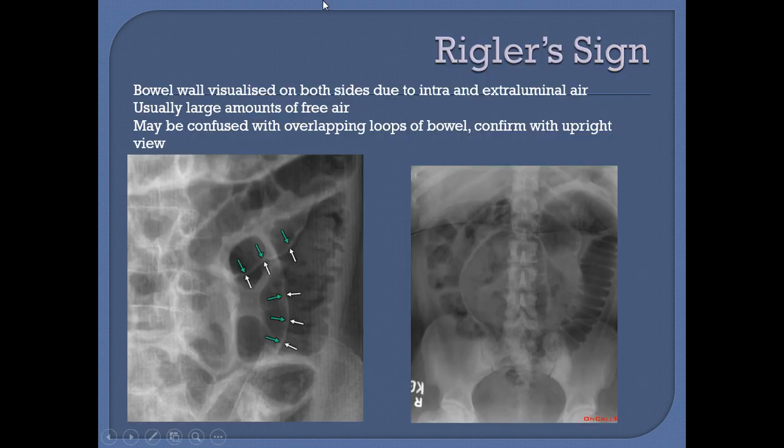Rigler sign. If we can visualize both sides of the bowel wall, it is a sign of pneumoperitoneum, because one is intraluminal air and the other is extraluminal air. Usually there is a large amount of free air and it may be confused with overlapping bowel loops.